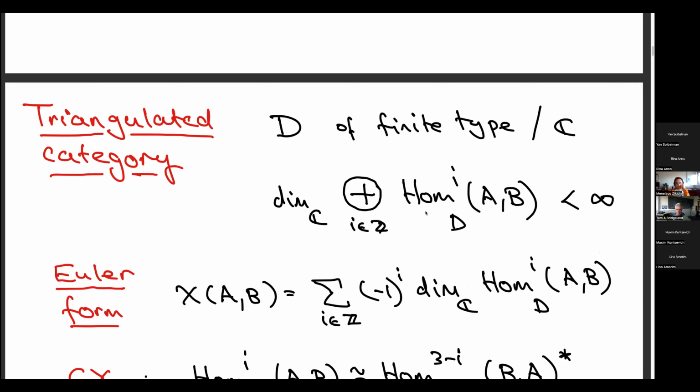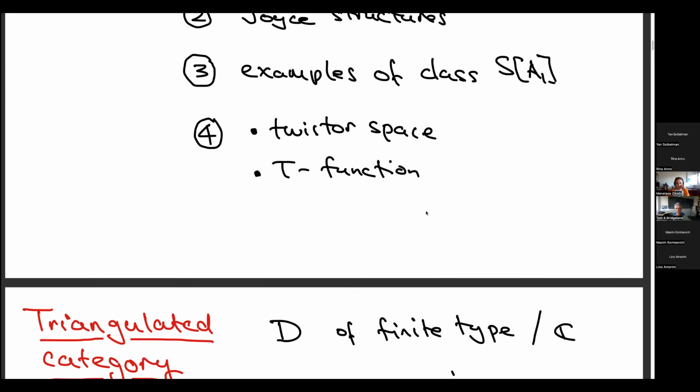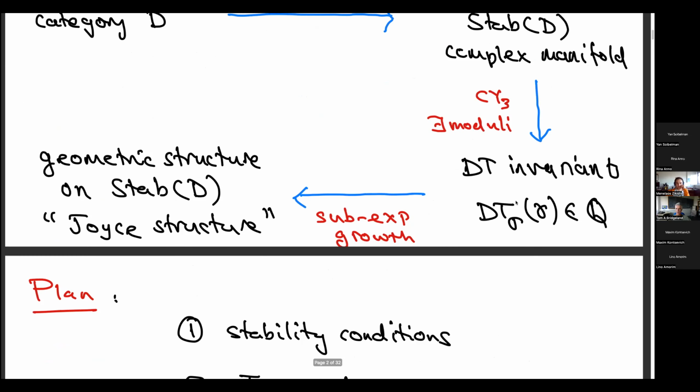Then you can have quadratic growth, like exponential of quadratic. Sorry, I'm confused now. Are you talking about the growth of these DT invariants? Yeah, this sub-exponential growth probably fails if you require smooth and proper.